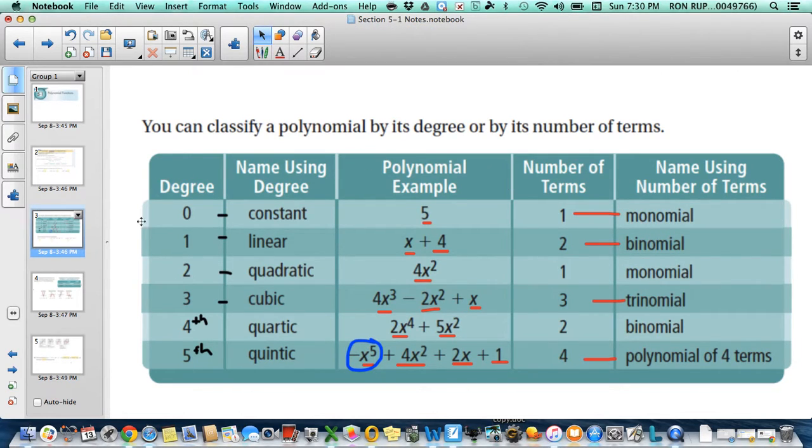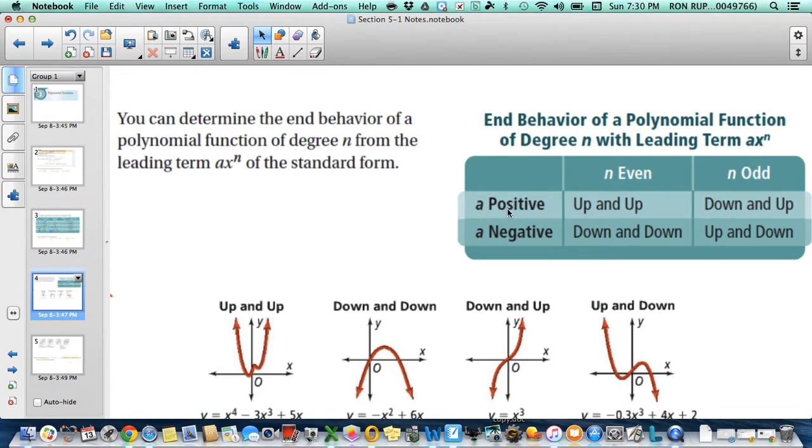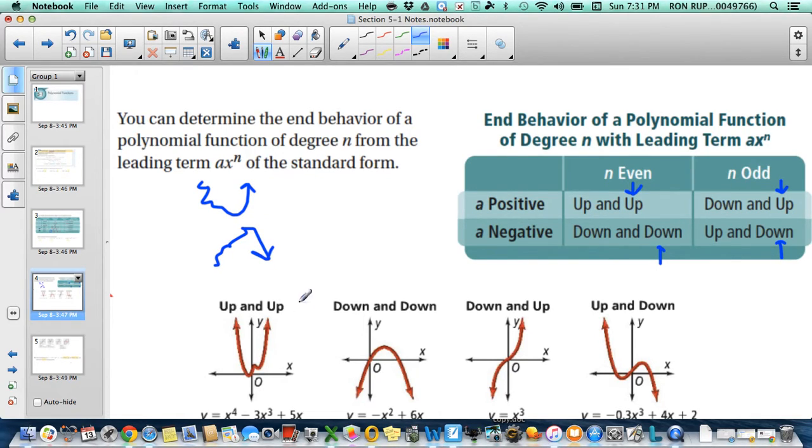So when we come over here, if our a value is positive, then our right behavior is up. And if our a value is negative, then our right behavior is down. What that means is the right side of our function will be pointing up. So we don't know what it's doing over here, but the right side will point up. Or we don't know what it's doing over here, but the right side is pointing down.